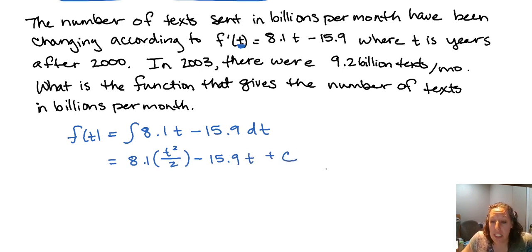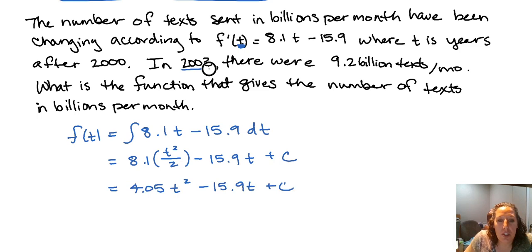And then we do have a plus c, because when we take a derivative of a constant, we get 0. And so going backwards, we need to have the potential of having a constant in there. So if we clean this up just a little bit, 8.1 divided by 2 is 4.05 t squared.